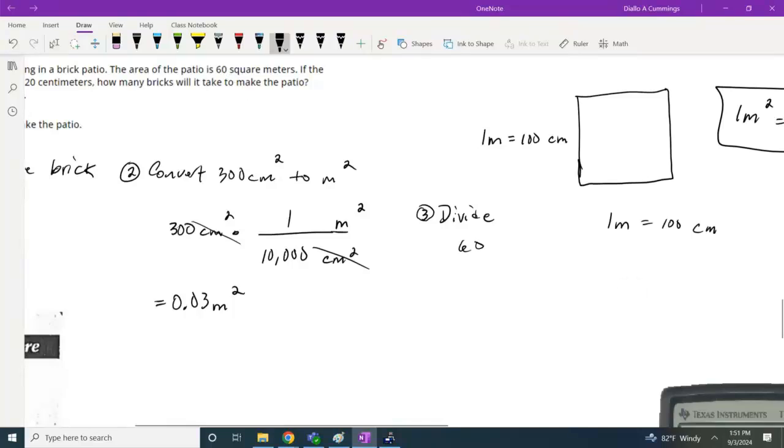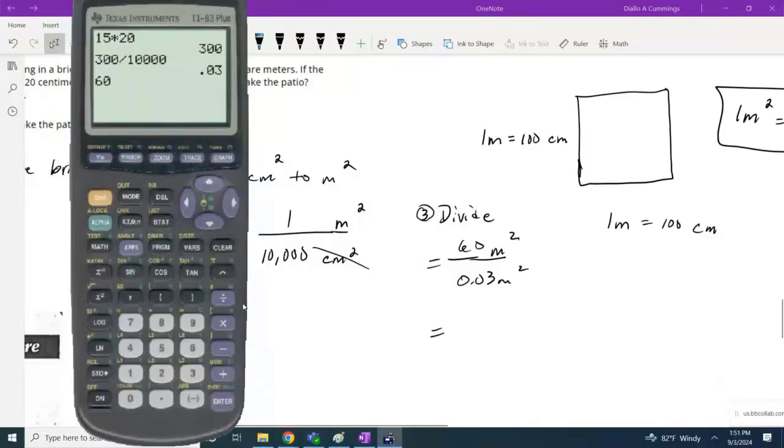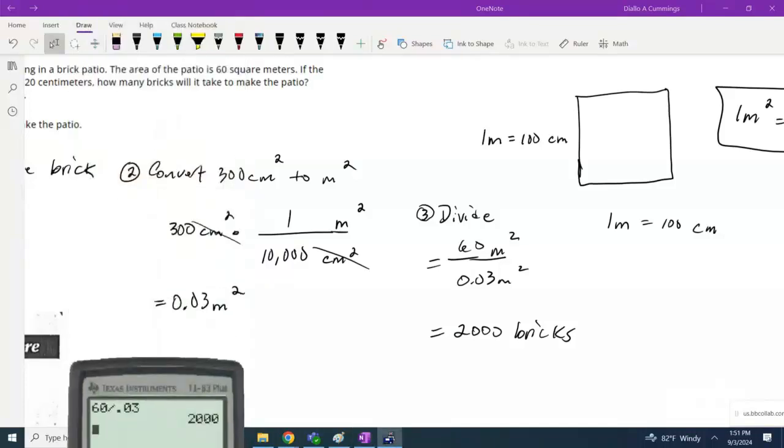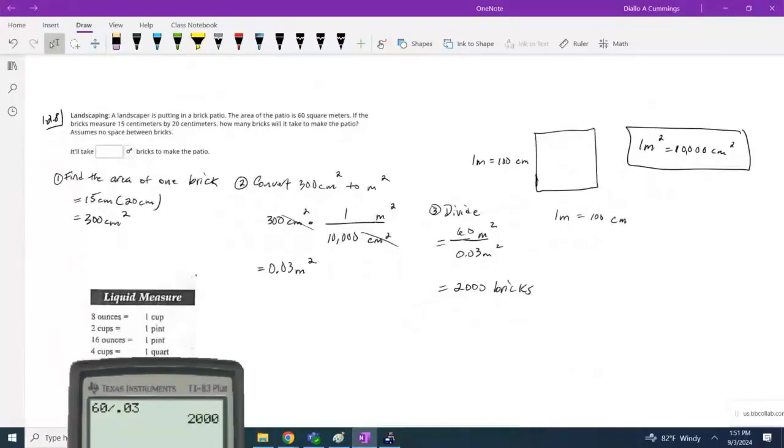So I'm going to divide 60 by 0.03, and I think it's 2,000. 60 divided by 0.03 should be 2,000. All right, so we'll take a total of 2,000 bricks.